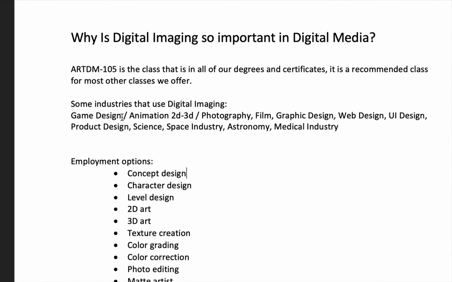Obviously photography makes almost perfect sense. Film, maybe not necessarily, since we're not doing just one image, but sometimes you are working with a singular image in film, and a lot of techniques in terms of color are going to be color grading, color correction, framing, lighting, those sorts of things.